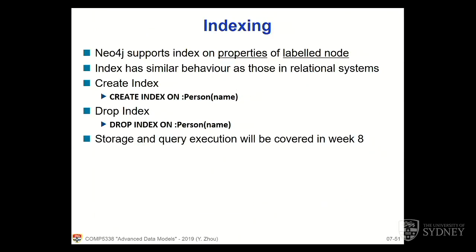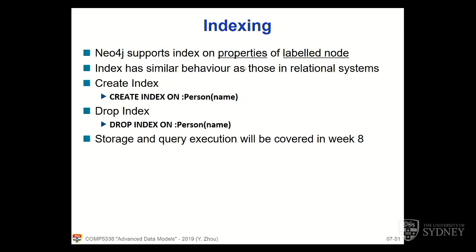Okay, so Neo4j also supports indexing, but only for the node, not really for the relationship. Having an index makes the query much more efficient, and the index has similar behavior as in a relational database system or in MongoDB.